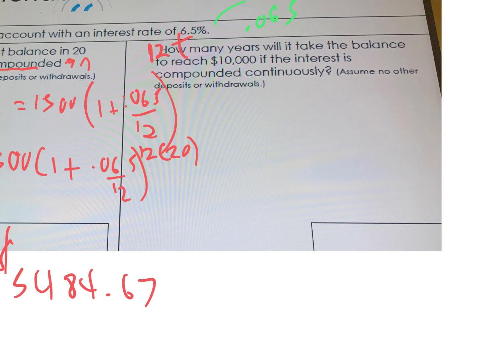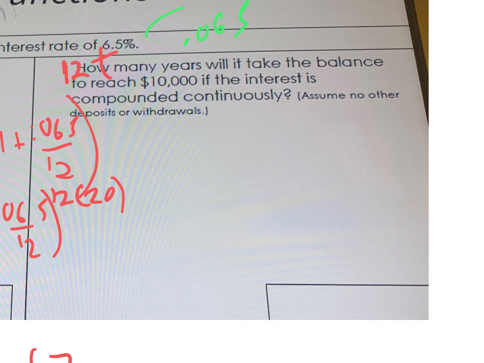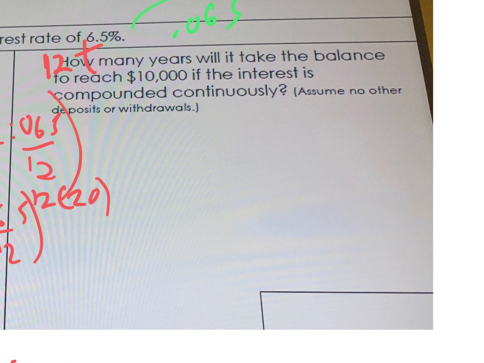Now, the second part of this problem. Same amount of money. How many years will it take for the balance to reach $10,000? Why? Because I'm going to buy a used car. So I'm going to take that money that Grandpa gave me and see how long it will take for that bank to collect $10,000.